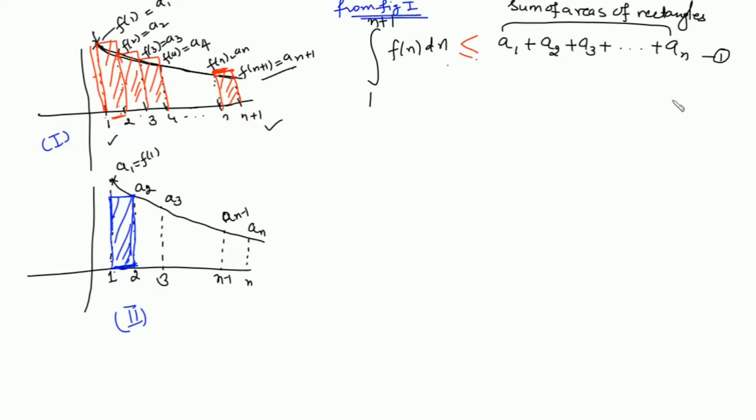you will have this inequality. Now from figure 2, the area of the first rectangle is a2. The area of the second rectangle is a3 into 1, and so on. The area of the last rectangle is an into 1, right? So what is the area? a2 plus a3 and so on plus an.